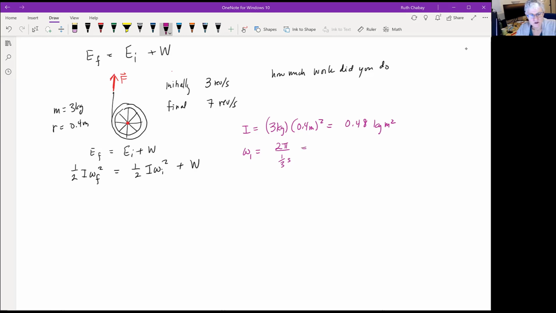That's 6 pi radians per second. And omega final is 2 pi radians in a seventh of a second, so that gives us 14 pi radians per second.